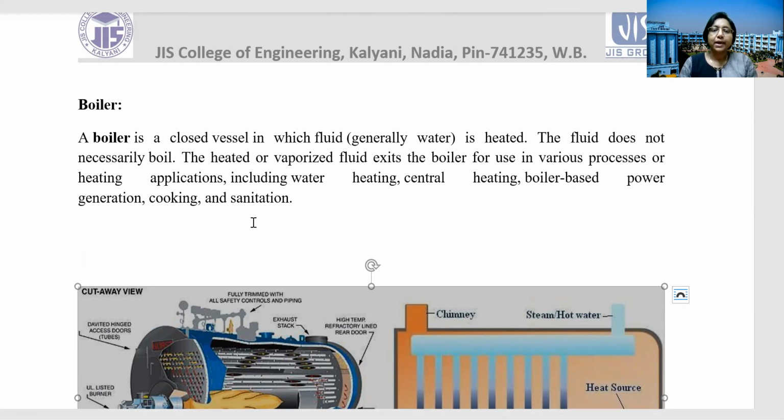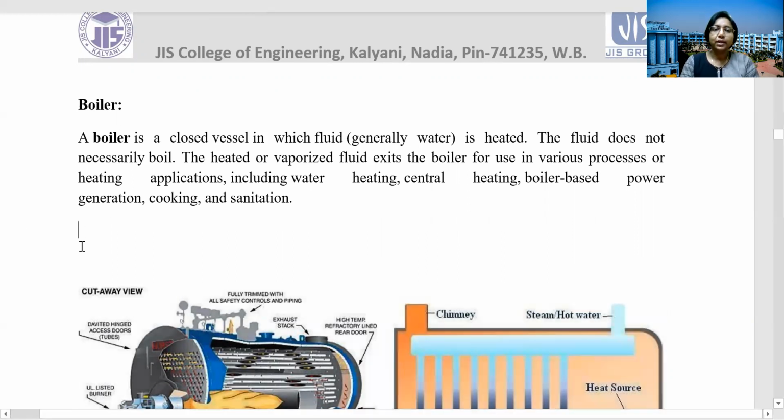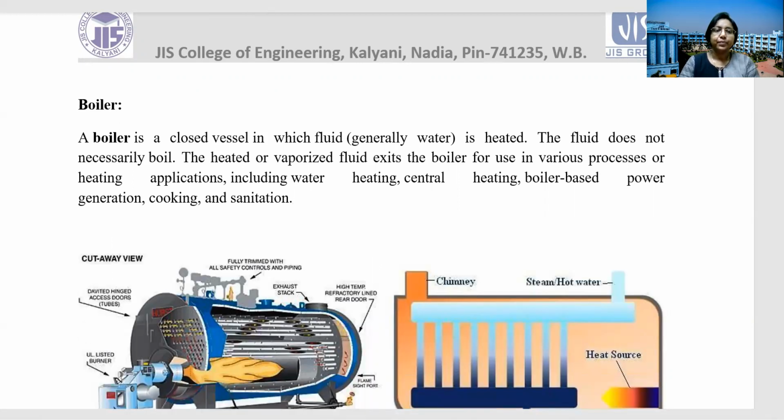The heated or vaporized fluid exits the boiler for use in various processes or heating applications, including water heating, central heating, boiler-based power generation, cooking, and sanitation. Here you can see the structure of a boiler.